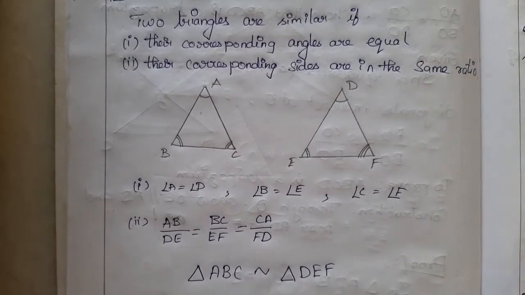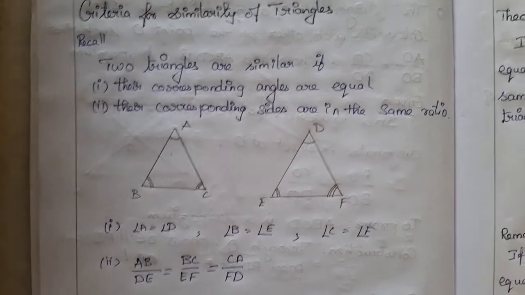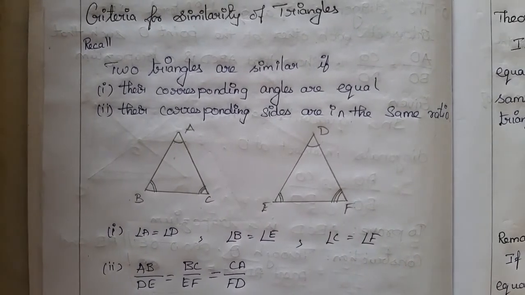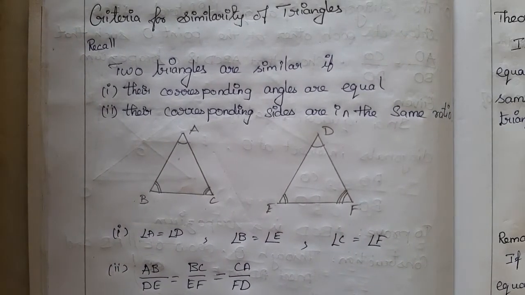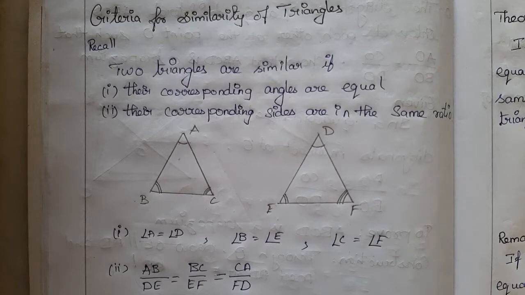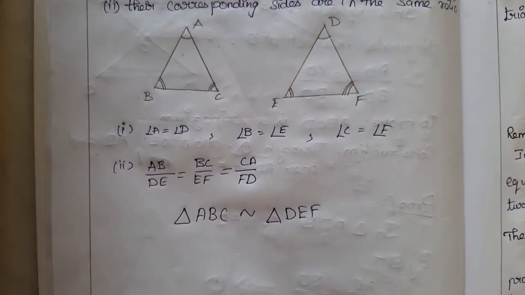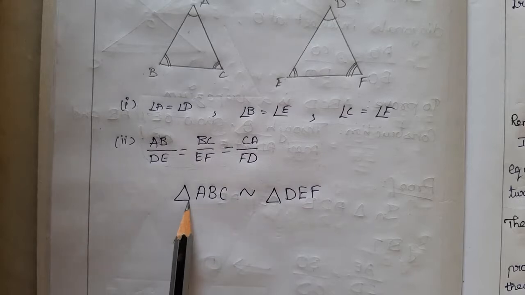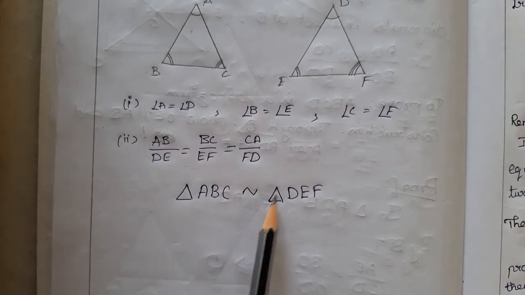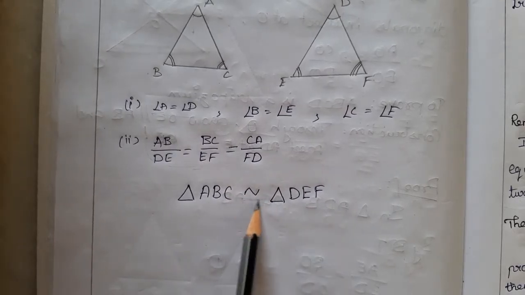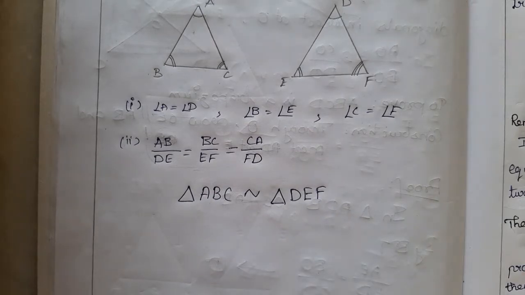That's why we have some criteria, and we are going to see that it's enough to prove just that alone to say that both the triangles are similar. Symbolically it will be represented as triangle ABC is similar to triangle DEF. This is the similarity symbol.